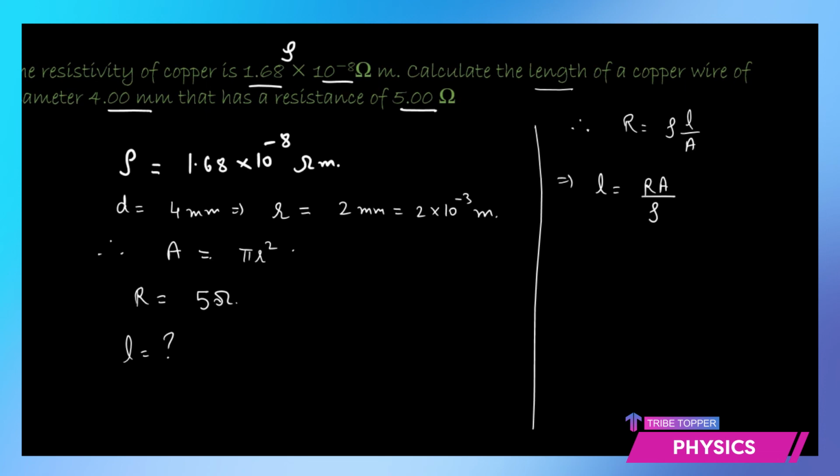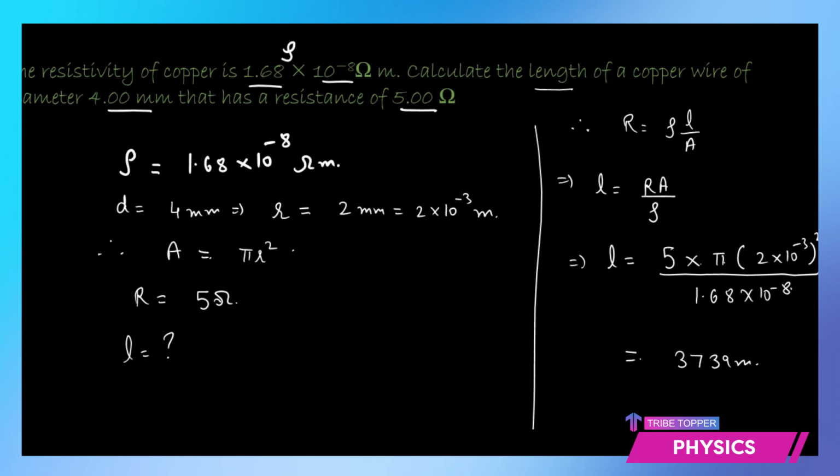So length is equal to 5 ohms times area of cross section, pi r square, where the radius is 2 times 10 to the power negative 3, squared, upon rho. The resistivity is 1.68 times 10 to the power negative 8. And solving this, we get 3739 meters. So that's all in this video session.